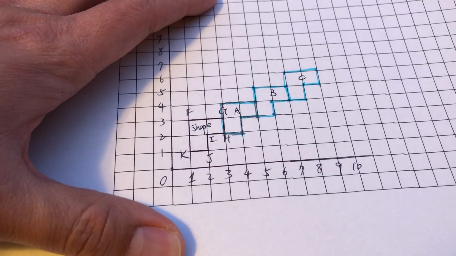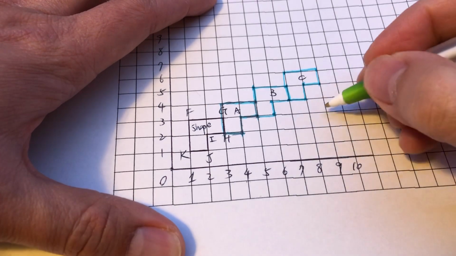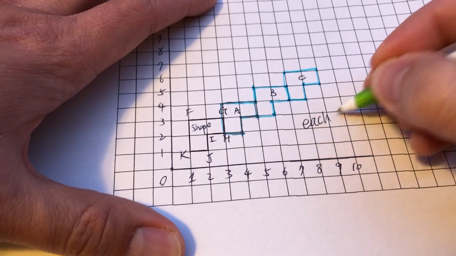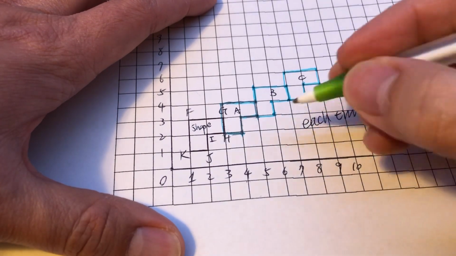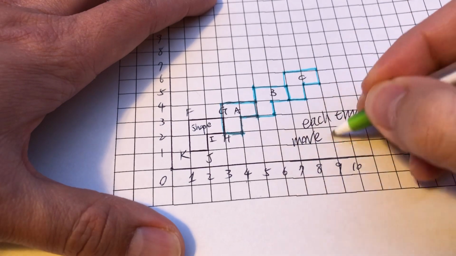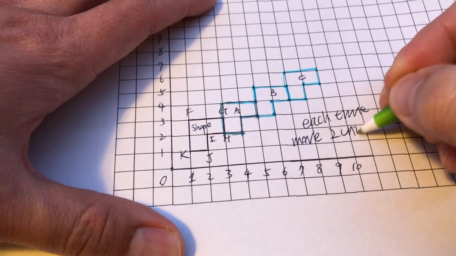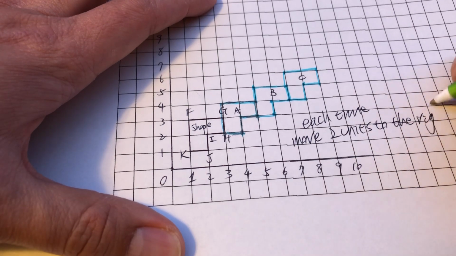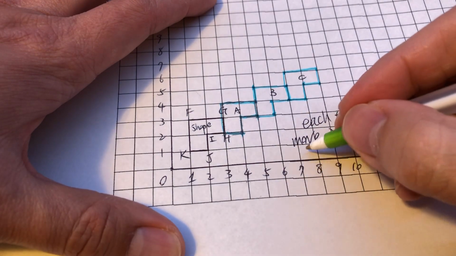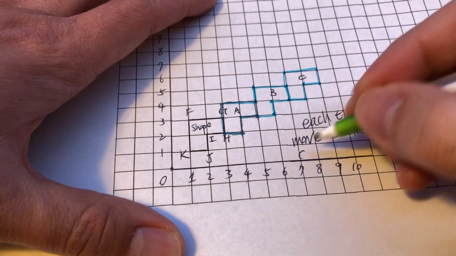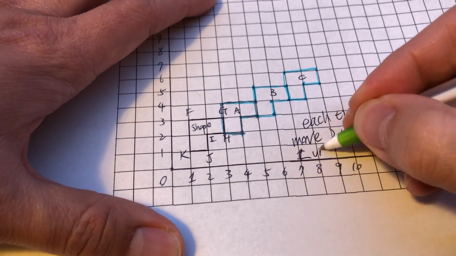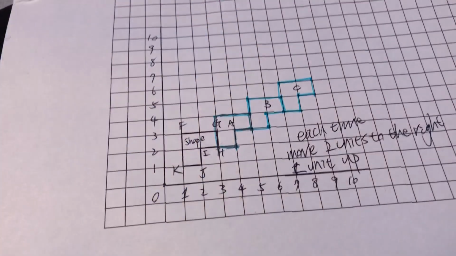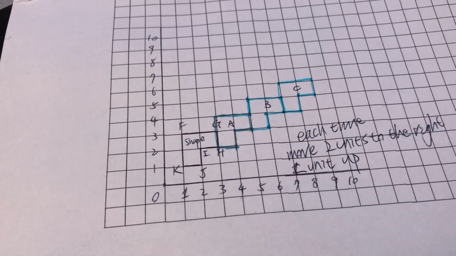And each time, you'd better write down how it moves: each time move 2 units to the right and 1 unit up. It's always a good idea to write down how this has come about.